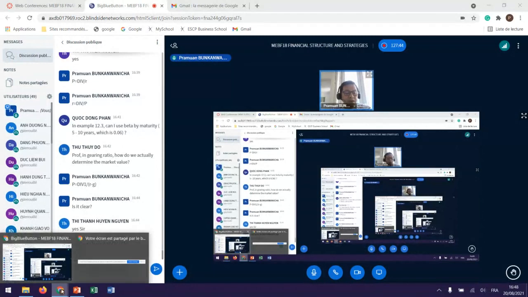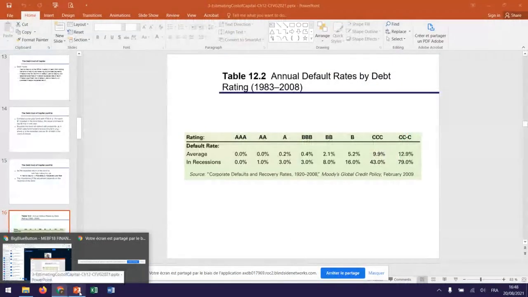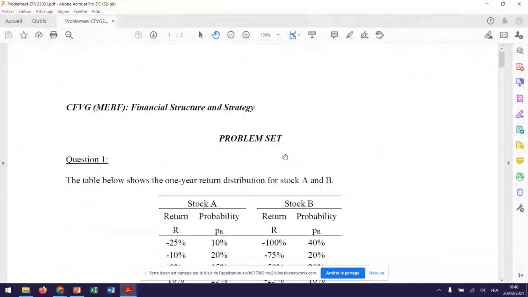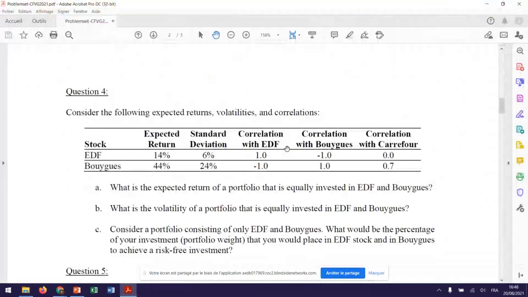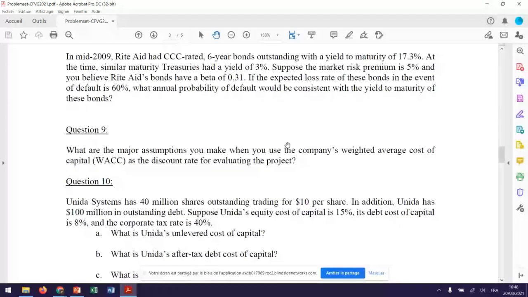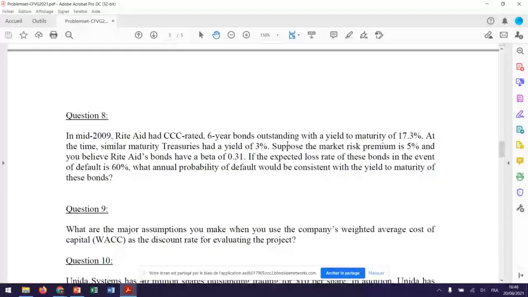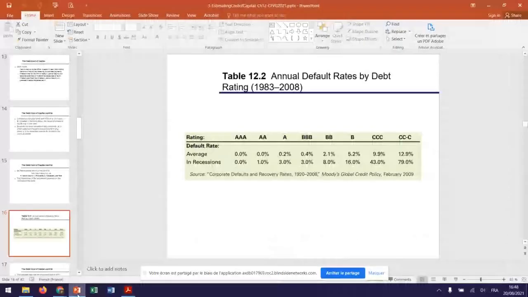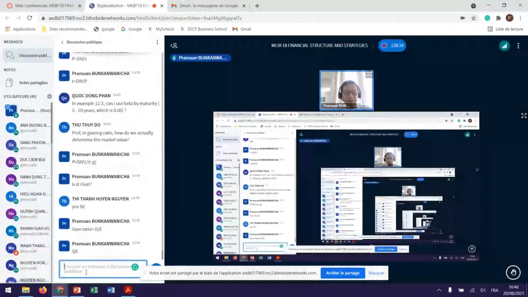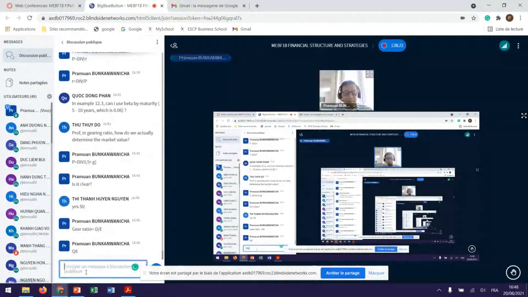Before we leave, can I just have a quick look at the problem set? You can do question number 8, very easy. Why don't you do question number 8 and number 9? I can explain later, but question number 8 only, probably, as homework.